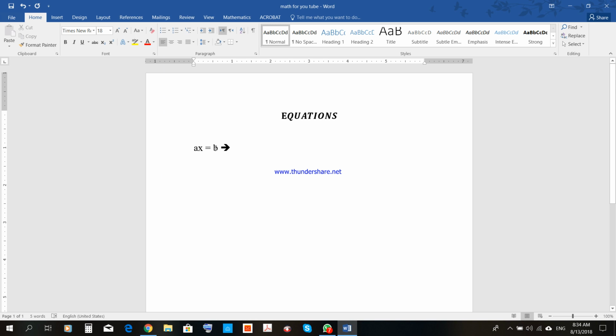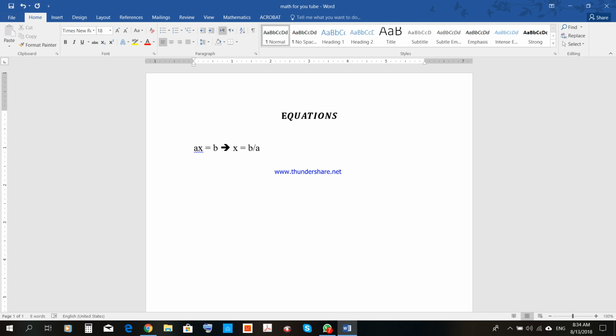That means the number divided by the number that multiplied by x. It becomes x equal b over a. Okay.